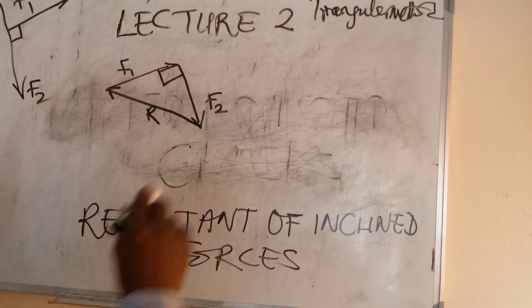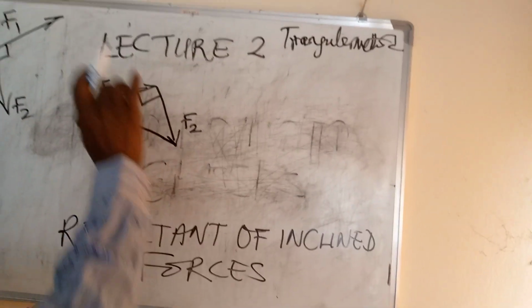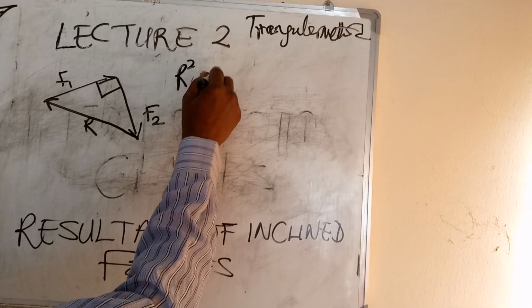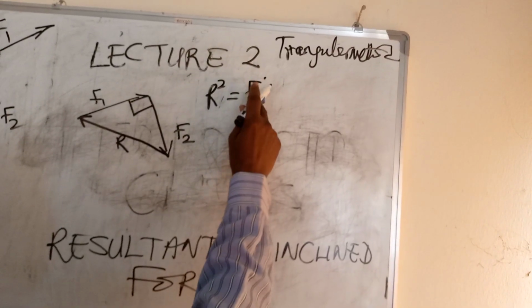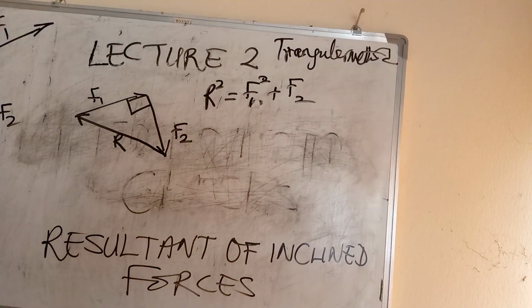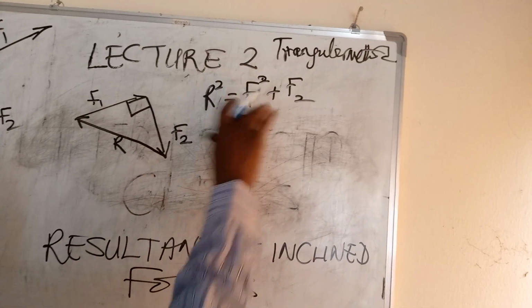I will explain. Now, to solve this one, where two of them meet at 90 degrees, the square of the reaction is equal to F1 squared plus F2 squared, using Pythagoras theorem.